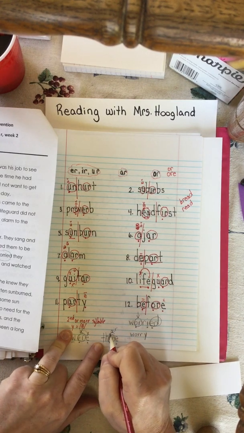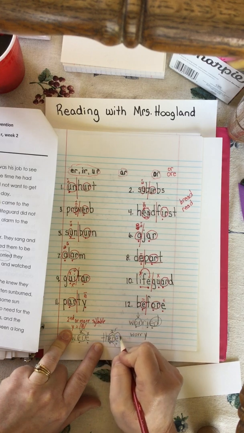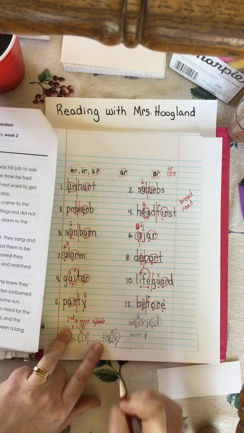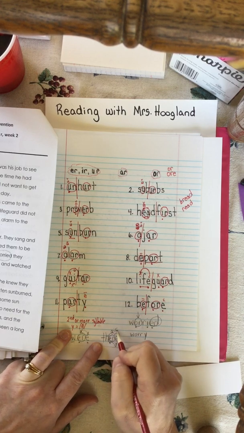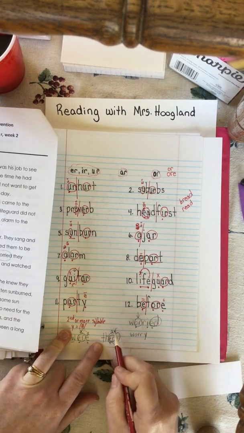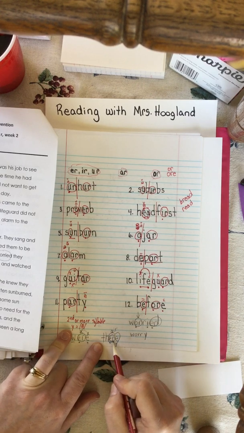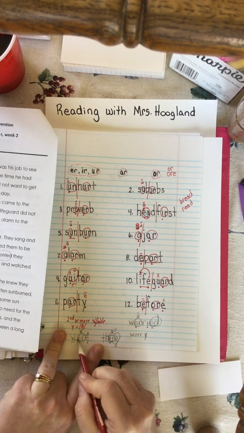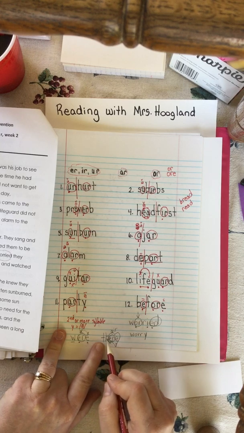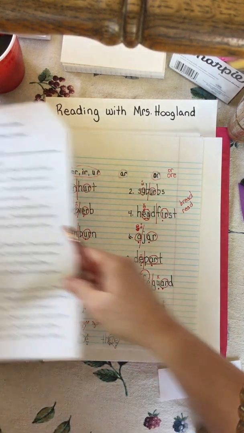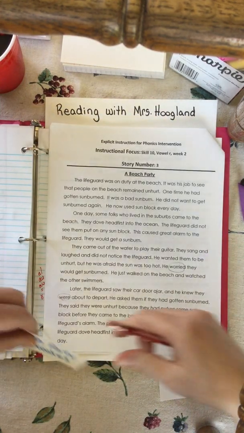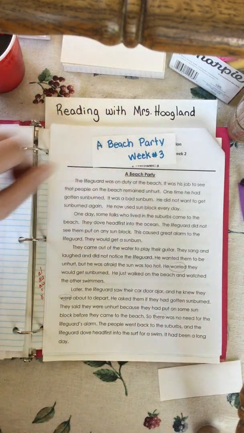So the whole ERE part is a heart part. Just need to remember that this ERE sometimes says air. Okay? Air. It's not there. Not like this one right here was were. This one's air, there. Just a little clarification. Sometimes that works and sometimes it doesn't. For the most part, it does.